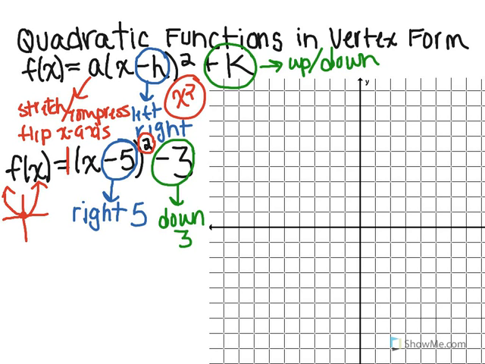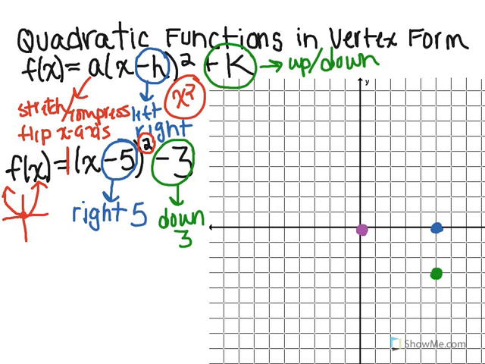So if I start where my original point would be, which is (0, 0), I'll just erase that later. If I take this point and I move it to the right 5: 1, 2, 3, 4, 5, and then I take that point and I move it down 3 units: 1, 2, 3, that ends up right here.